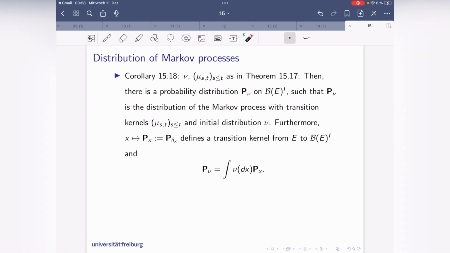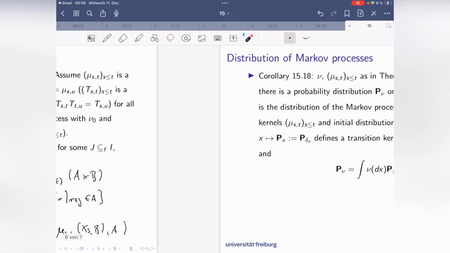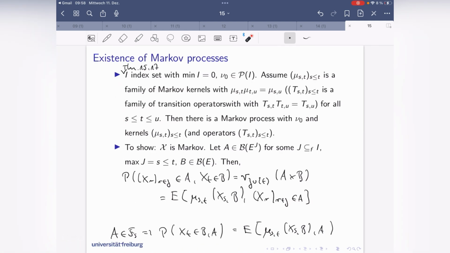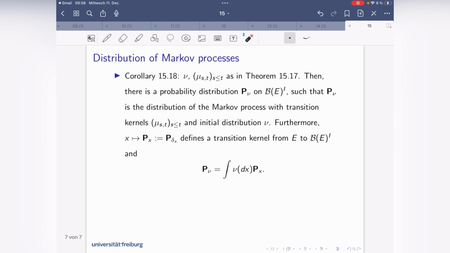So if you have the nu's and the mu's as written down here, then we find a probability distribution on the path space, which is the distribution of our Markov process X. In addition, P_x is this probability distribution where we start in small x. So that's with a deterministic starting point, but we would like to have a P_nu, where nu is some probability measure on our initial condition.